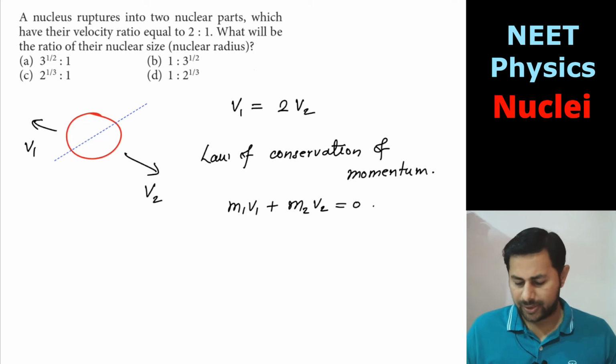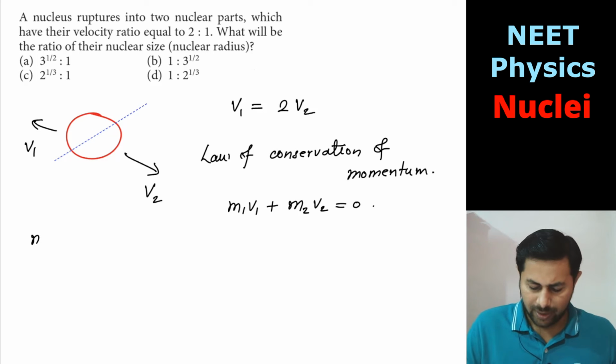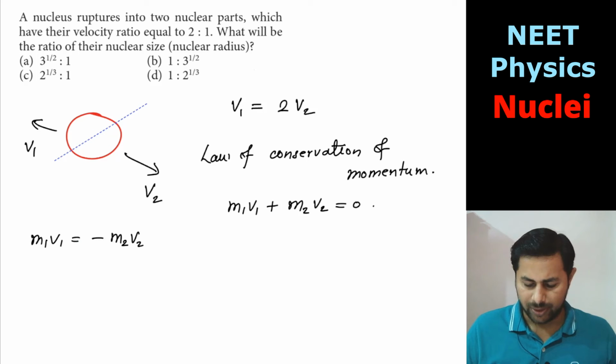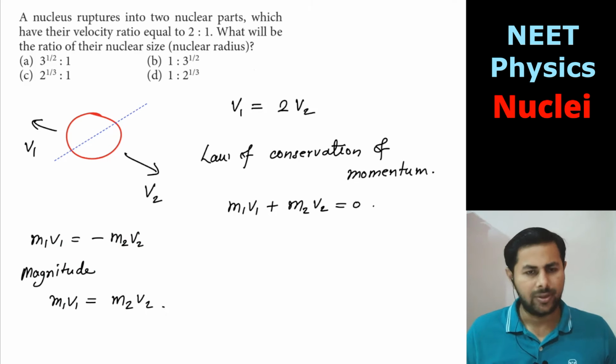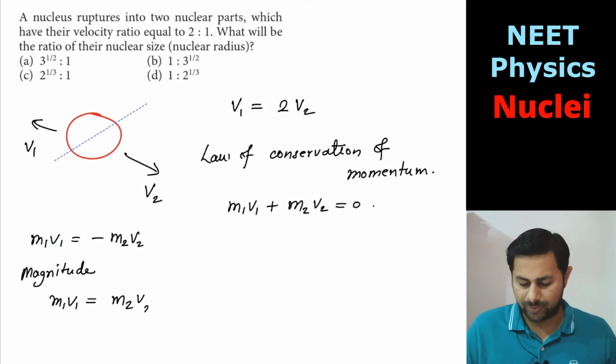Therefore m1 v1 is equal to minus m2 v2, and if you take the magnitude, we want just the magnitude, m1 v1 would be equal to m2 v2.